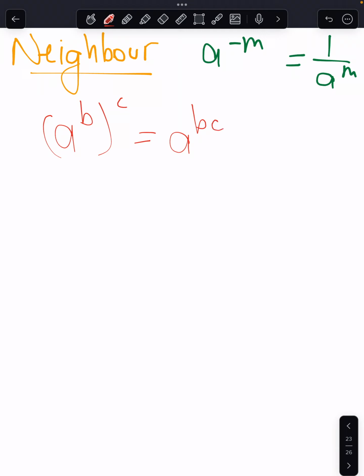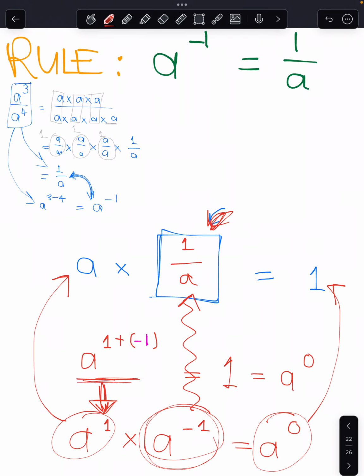So I can then express a to the negative m as a to the m times negative 1, which is the same as a to the m raised to the power of negative 1. And from the previous slide, we've seen that a to the negative 1 is equal to 1 over a.